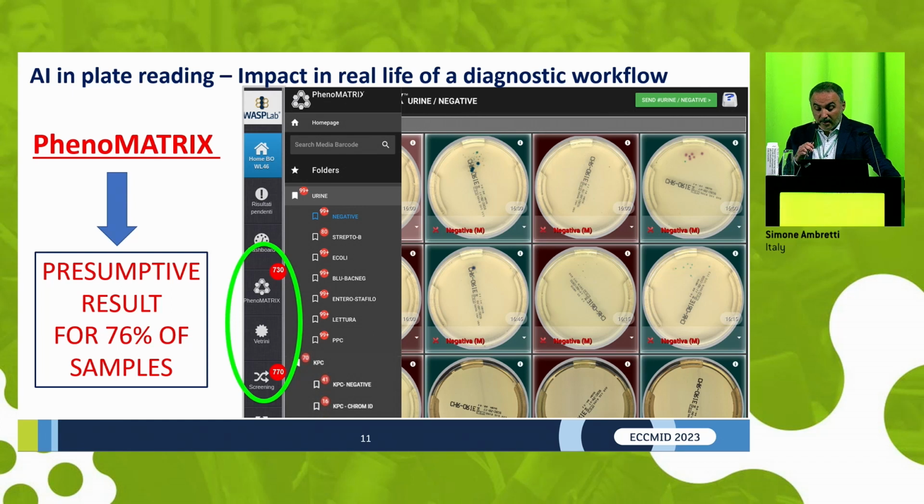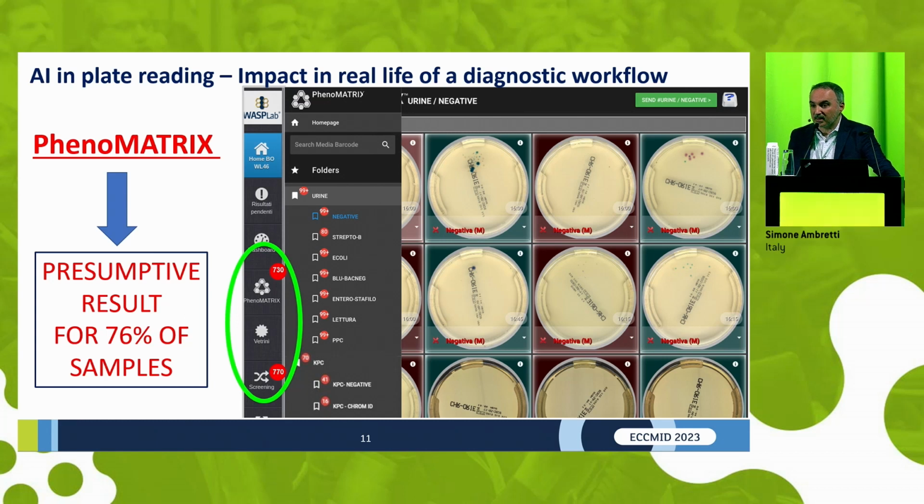This screen represents an example of real life of the impact of Phenomatrix on our diagnostic workflow of bacteriology lab. Phenomatrix is able to give a presumptive result for almost 80% of our cultural samples.